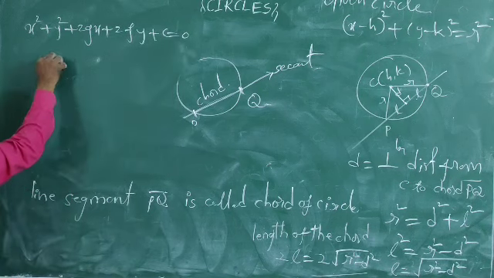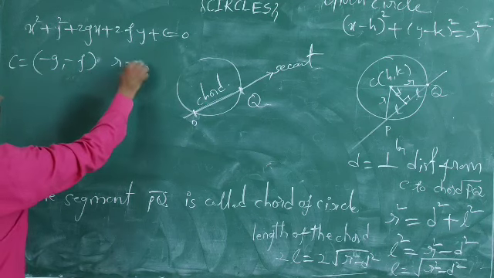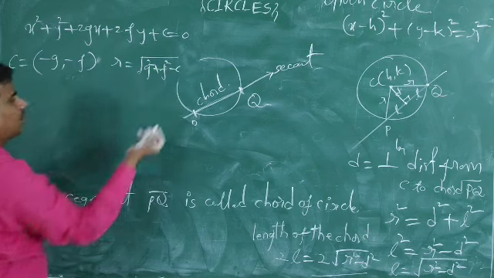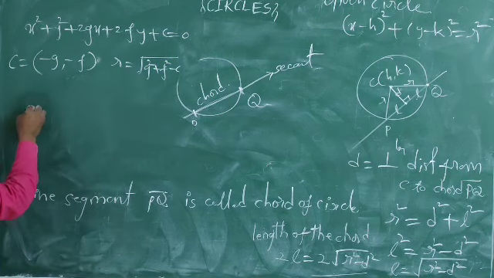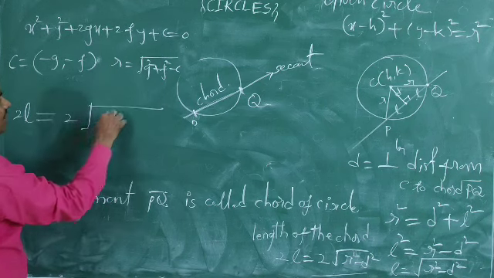Very clear. Its center equals minus g, minus f, and radius equals square root of g square plus f square minus c. Then again we follow the length of the chord equal to 2 times square root of r square minus d square.